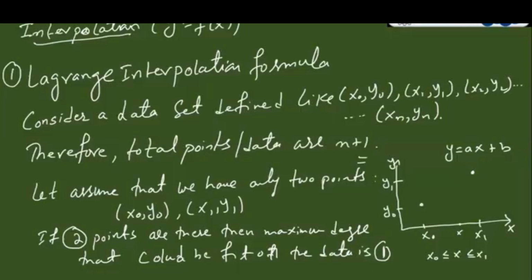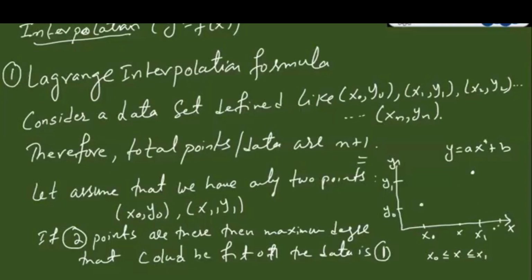So what will happen if we have 3 points? Here I just gave you the idea with 2 points. Let's say there is another point x2. So I have 3 points then. According to the rule, whatever the number of points, you can fit only a degree one less than that. So if I have 2 points, the maximum degree I can fit is 1.